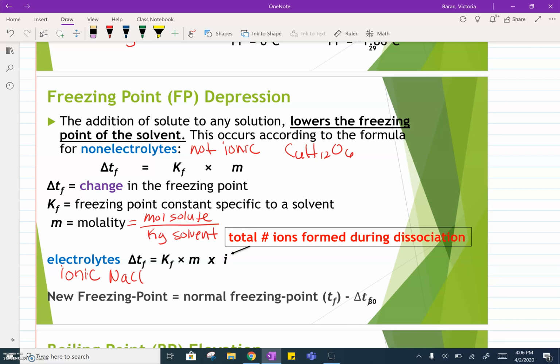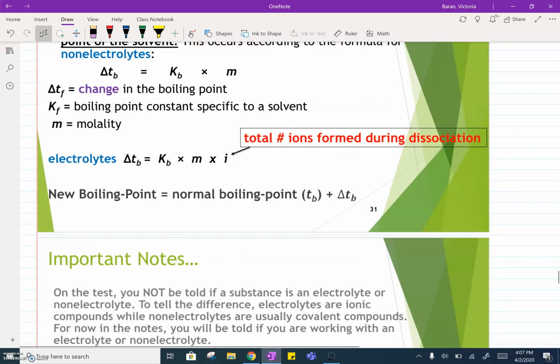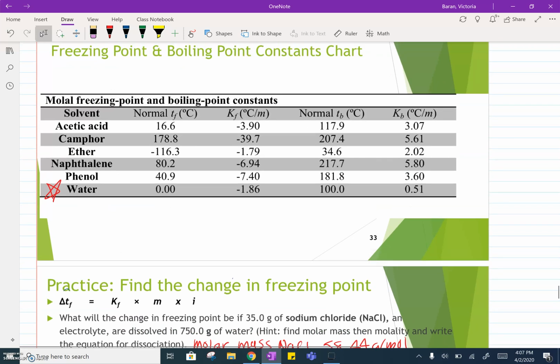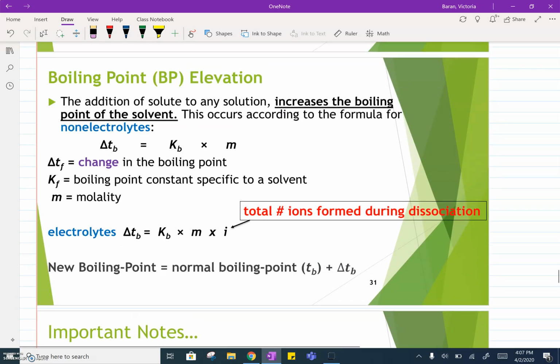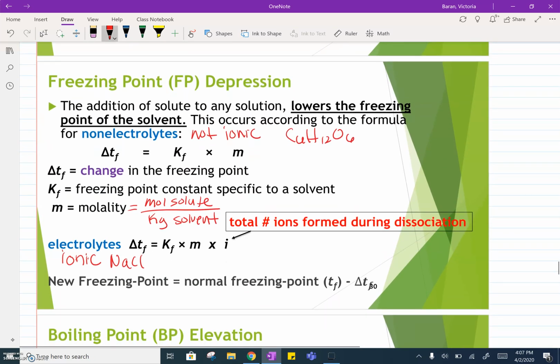To find the new freezing point, you would just take the normal freezing point, which again, is on this chart here. So you have normal freezing point, normal boiling point, and you would just subtract the change in freezing point.